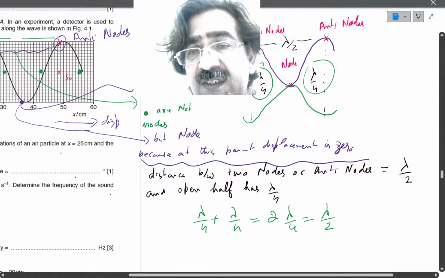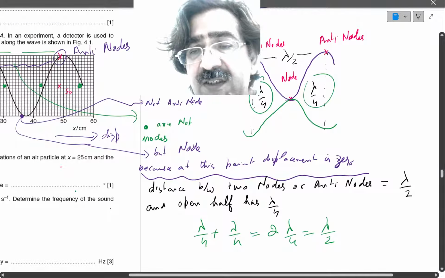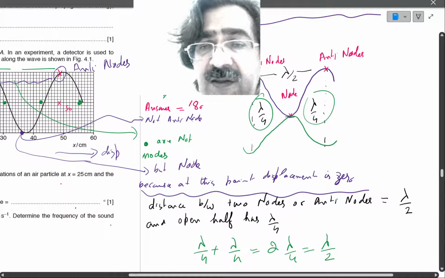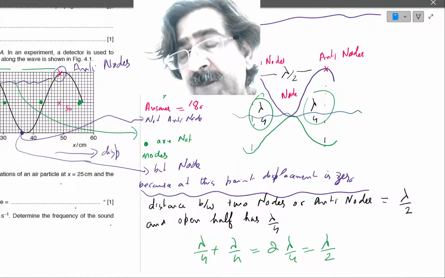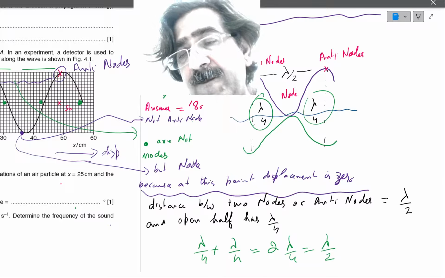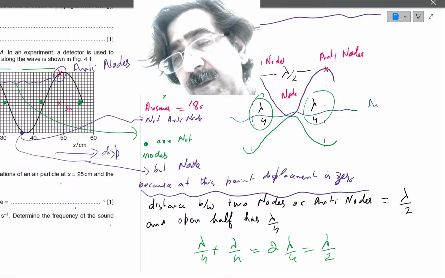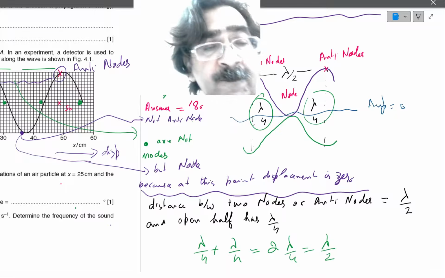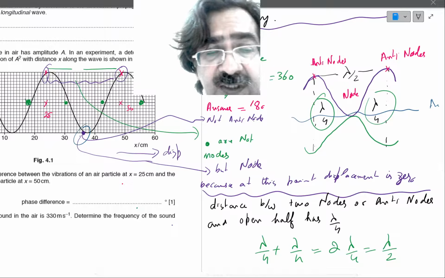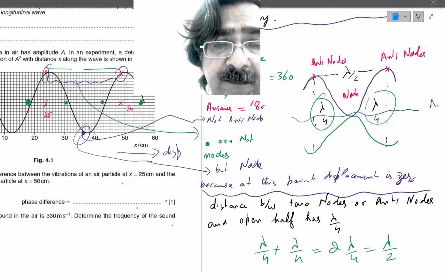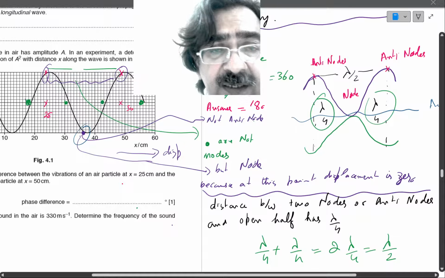This is not a traveling wave. This is a stationary wave, and the amplitude here is zero. So that's why these are the zero amplitude points. This is the antinode. Okay.